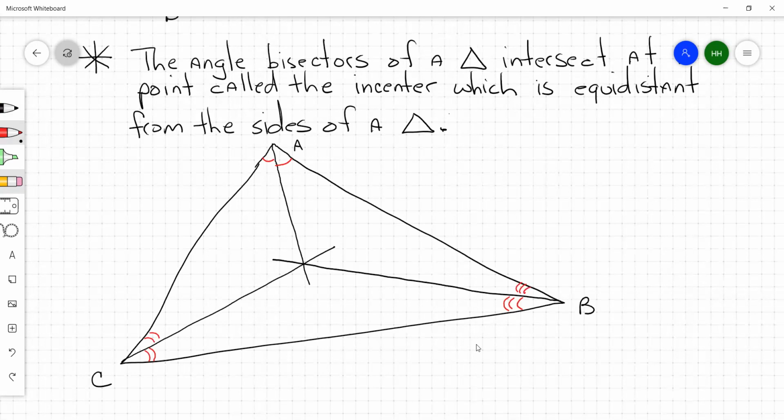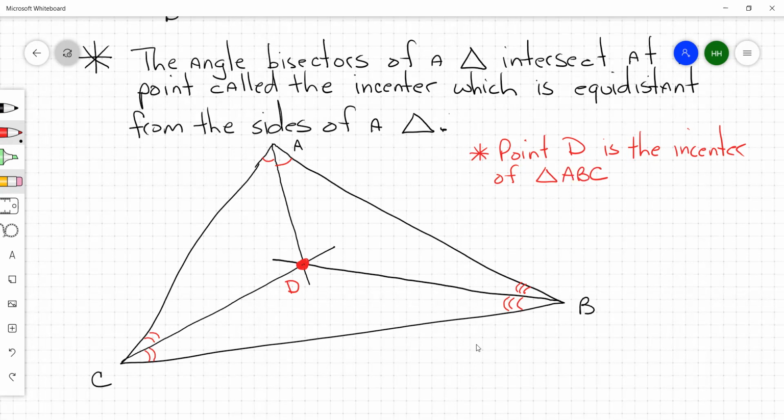The angle bisectors of a triangle intersect at a point called the incenter. So point this right here, I'm going to call it D. Point D is the incenter of triangle ABC.